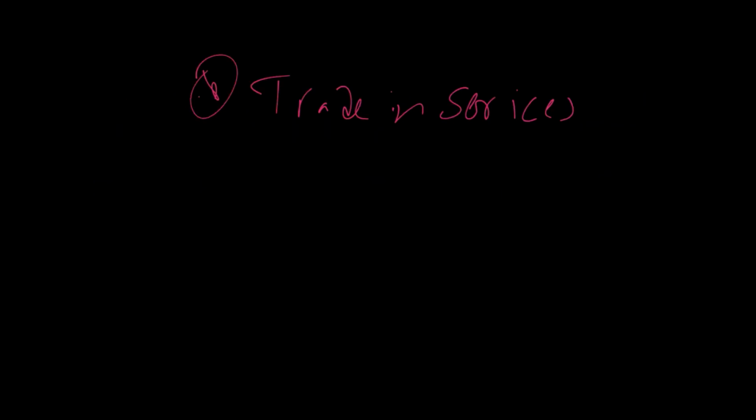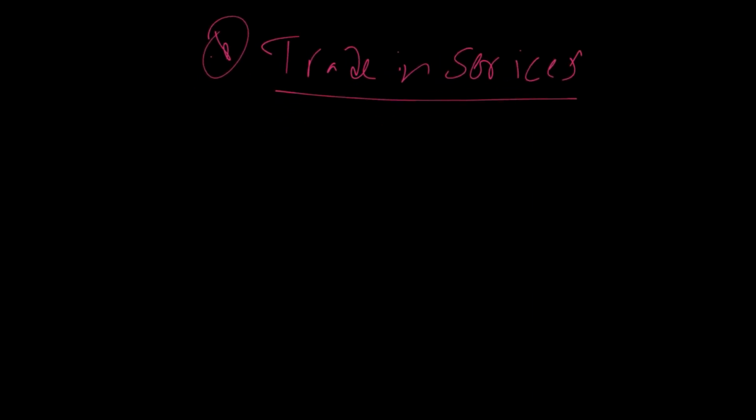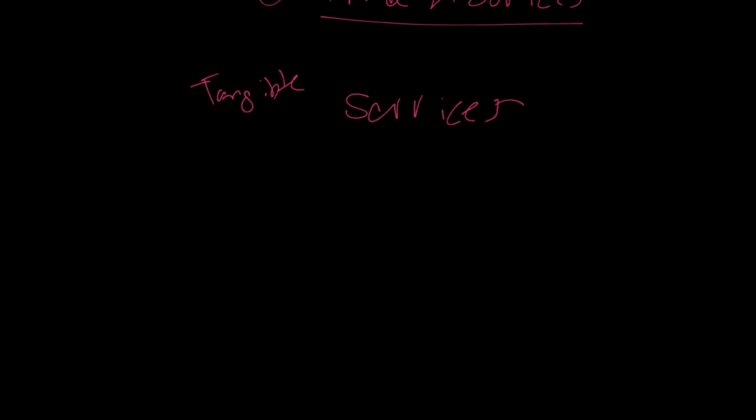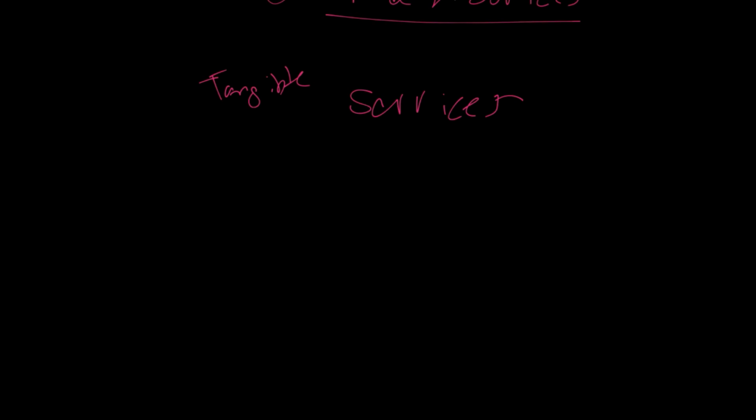Now the second part of the current account is known as trade and services, right, this one. And so in trade and services, we consider all services, because since goods are tangibles, which are something that can be physically held, services are everything which cannot be held, right? Anything that is intangible, or non-tangible, which cannot be physically held.